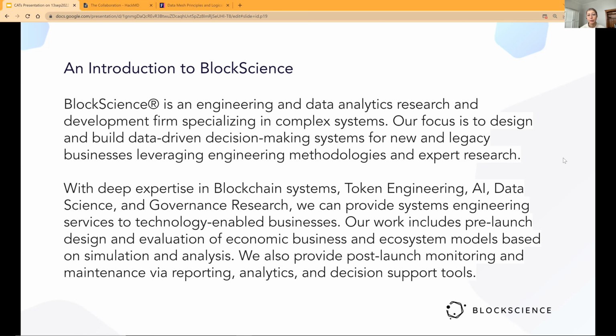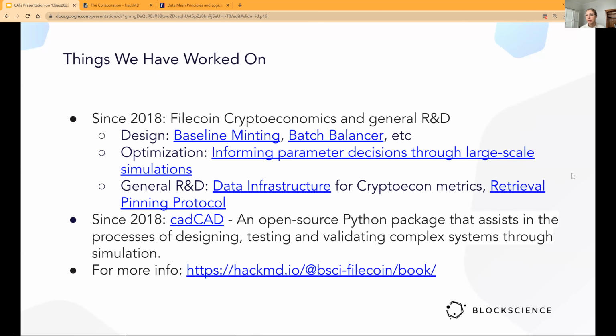Next slide, and I'll hand to David to speak about some of the things that we've worked on and why compute over data. So BlockScience and Protocol Labs are no strangers to one another, and we put together a slide to outline the work we've done. These are some of the projects that we worked on. An engineer who unfortunately couldn't be here for this presentation, Danilo Bernardinelli, is in Berlin right now at a conference, and time zones just aren't working across the four of us.